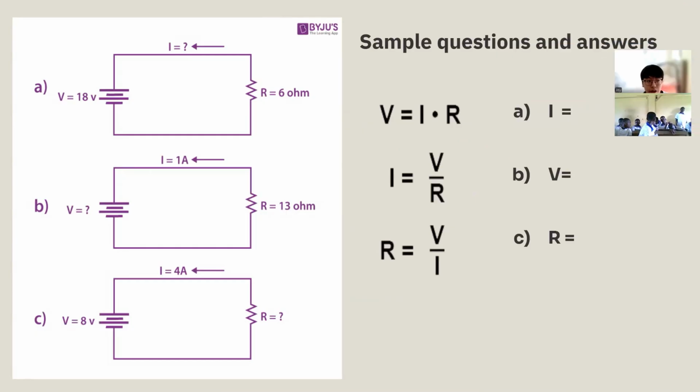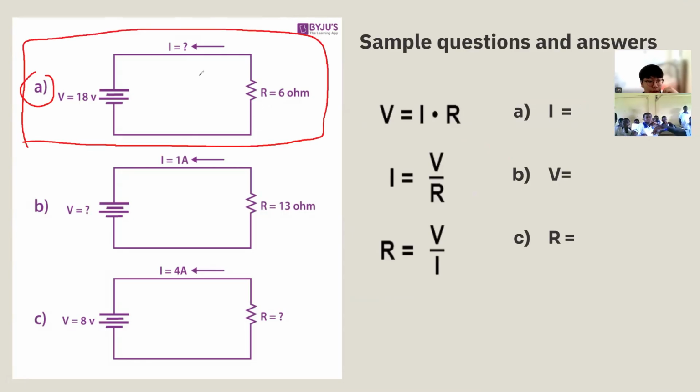Now let's look at some of these sets of questions. This is a little different type of question, but I think you should be able to solve this. If you look at A, let's look at this diagram at the top.